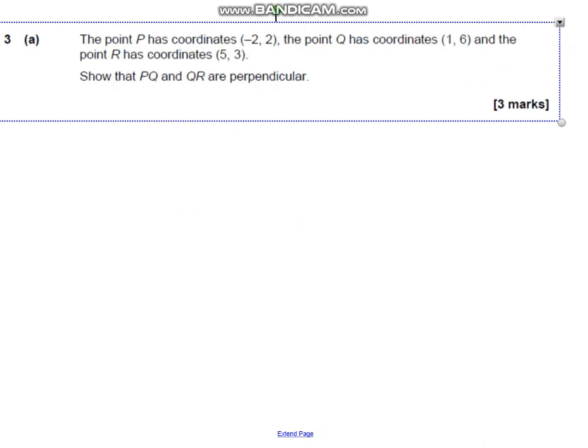This actually means something. Right, okay, for this one, P is minus 2, 2, Q is 1, 6, R is 5, 3, and we need to show they're perpendicular. So lines are perpendicular. Write down a statement first.